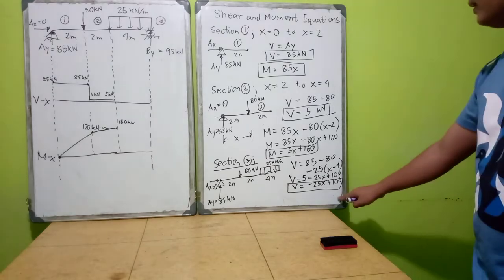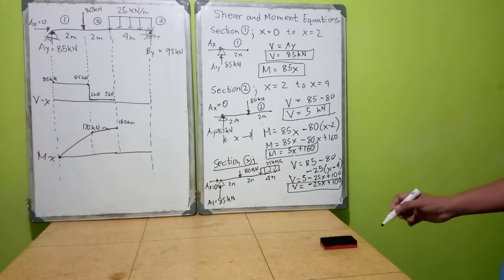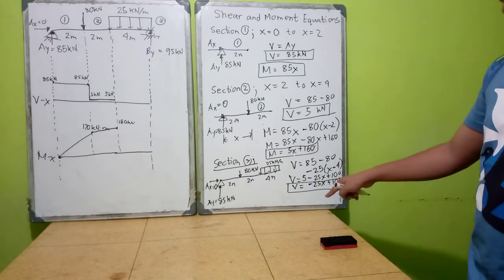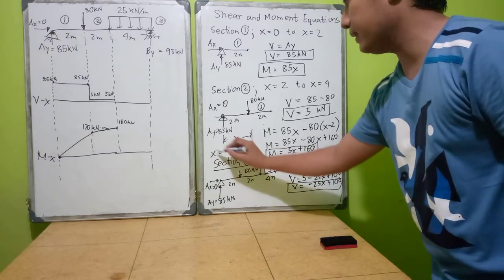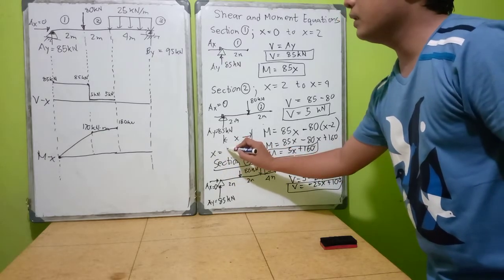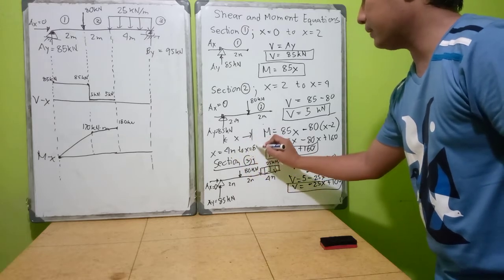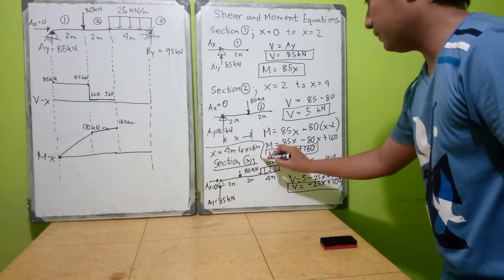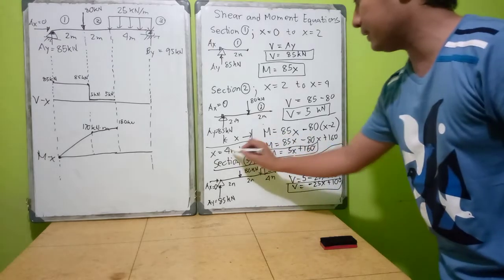So let's start. Section 3 is x equal to 4 meters to x equal to 8 meters. So let's divide this one by this, so we have a limited space.